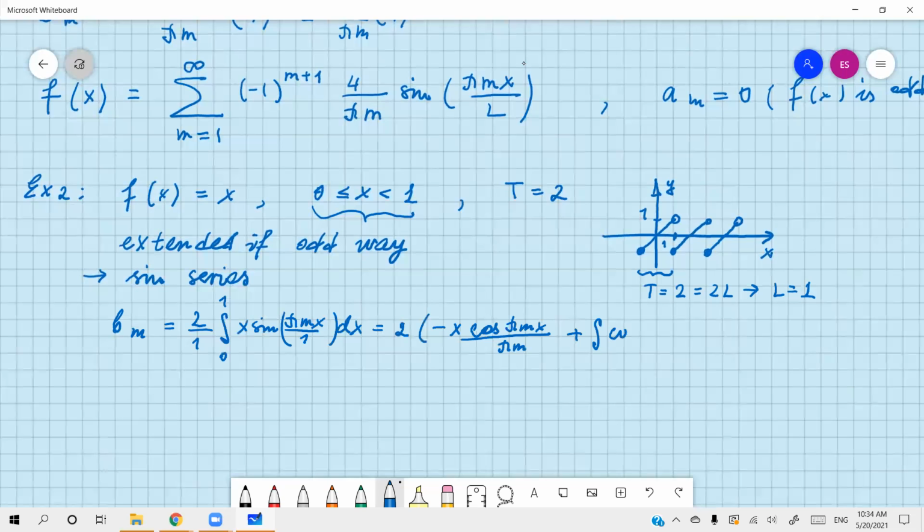And the cosine is going to be here, cosine of pi mx over pi m dx from 0 to 1.